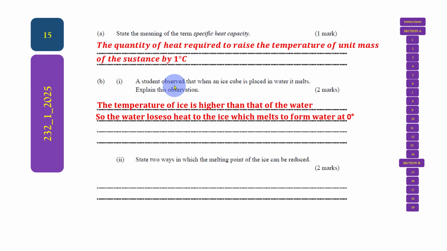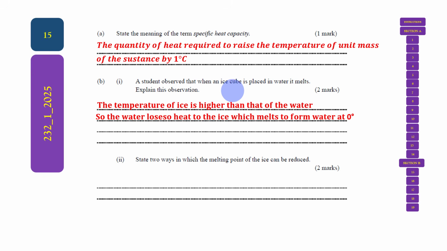So let's look at question 15b, part 1. We are given that a student observed that when an ice cube is placed in water, it melts. Explain this observation. Of course, this one is very simple. When you compare the temperature of water and the temperature of ice, probably the water is at 20 degrees Celsius, the ice is at 0 degrees Celsius, so heat will be transferred from the water to the ice. So when the ice gains heat, it's going to change state, because we are assuming that ice is at 0 degrees Celsius.